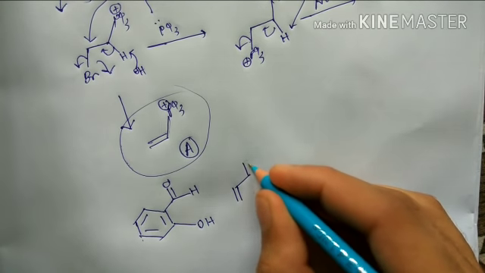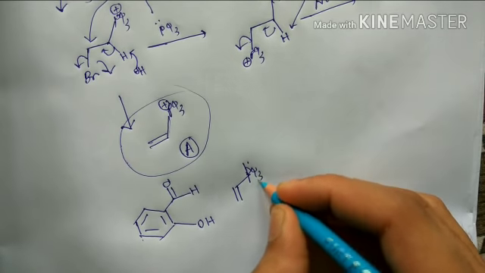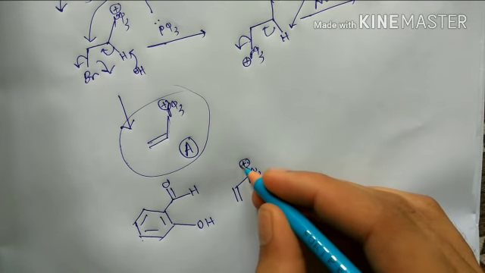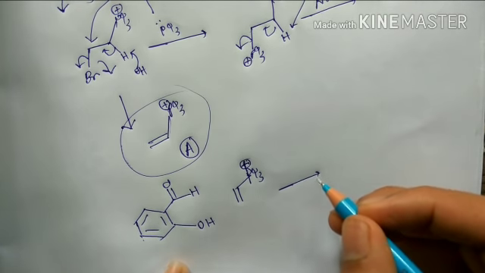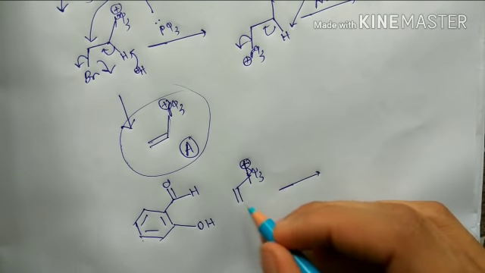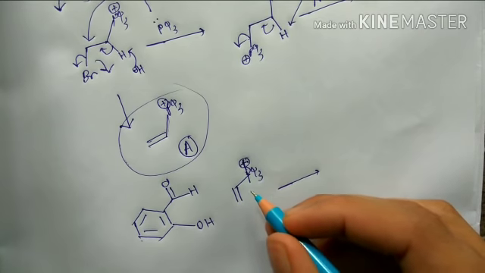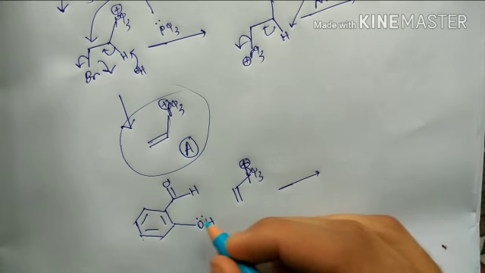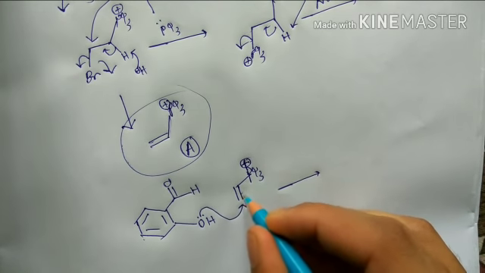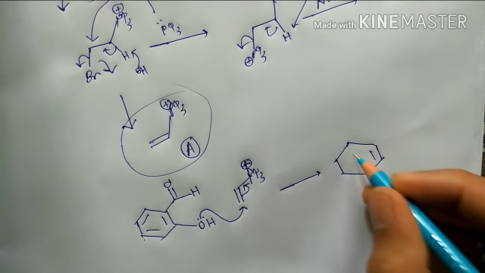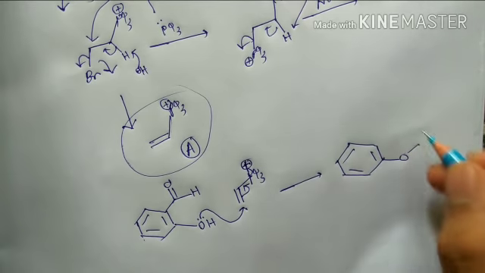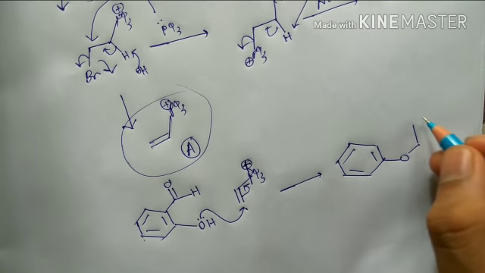And you have this compound. So this is actually like a substrate for 1,4 addition. So this oxygen lone pair can attack here to give you this intermediate.